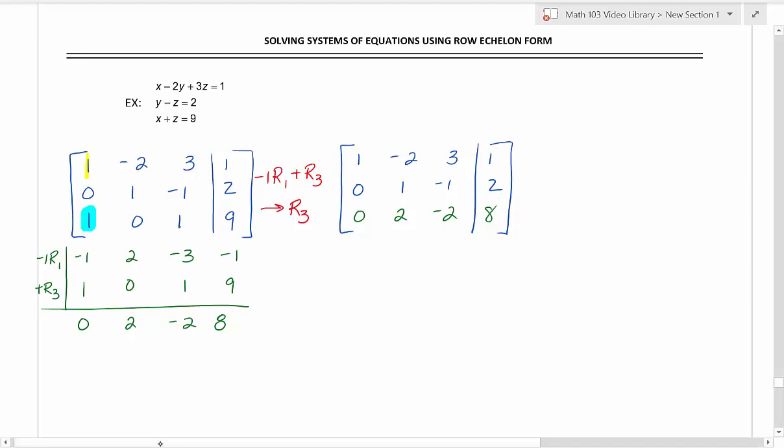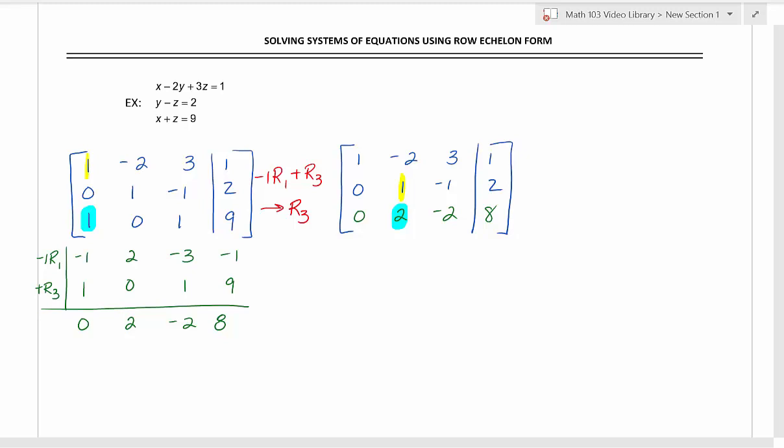The next step in our Gaussian elimination is to get a leading 1, second row, second column. Right here. Great, we already have the 1. Therefore, the next step is to get zeros below that leading 1. I need to turn the 2 into a 0.